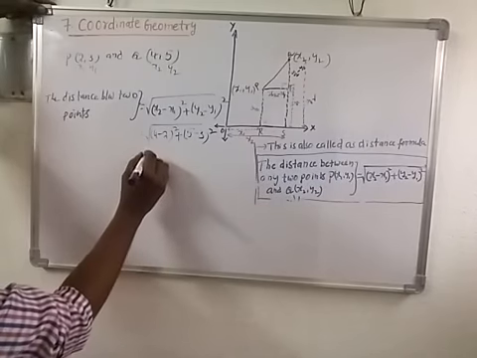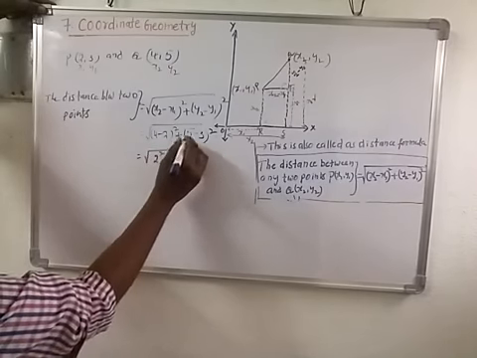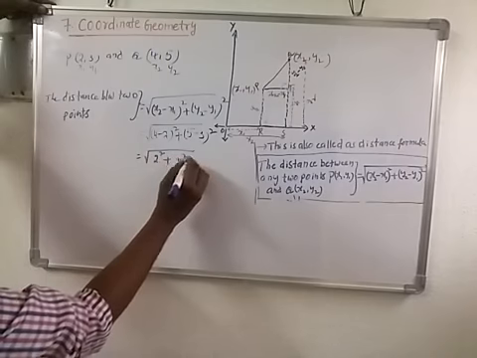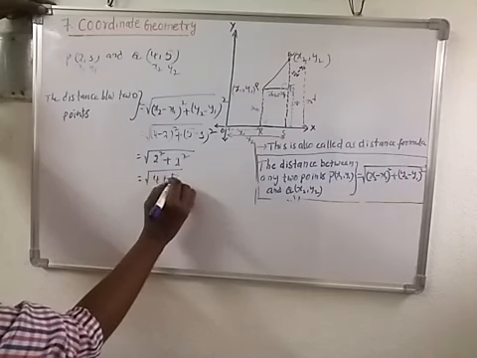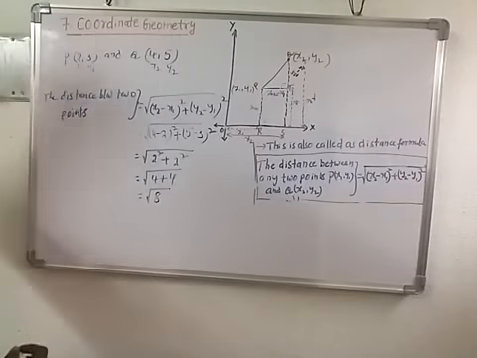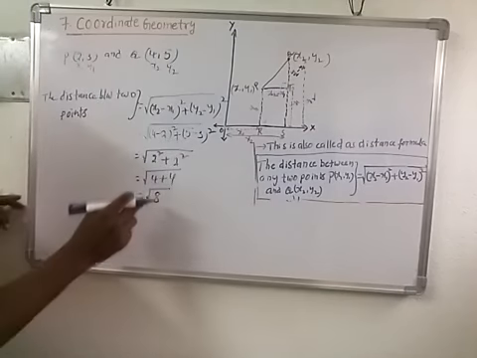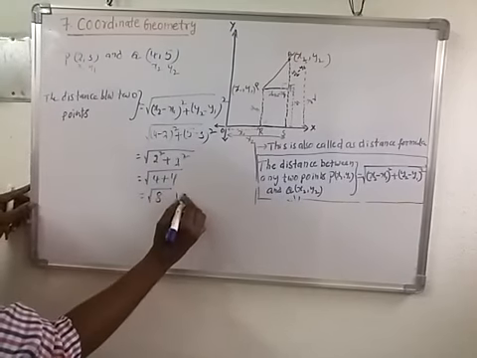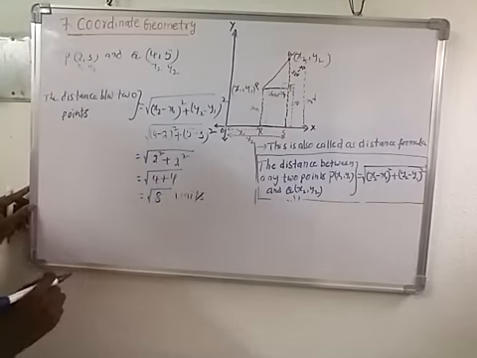So that is equal to the square root of 4 minus 2 is 2, 2 square, plus 5 minus 3 is 2, 2 square. That is the square root of 4 plus 4, which is 8. So the distance between P 2, 3 and Q 4, 5 is square root 8 units.